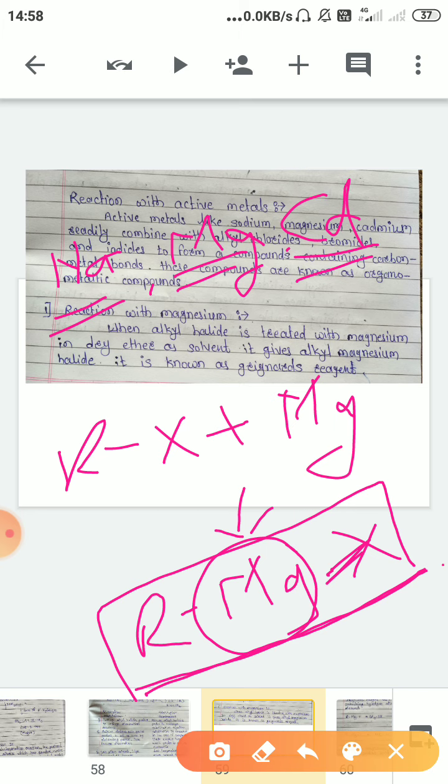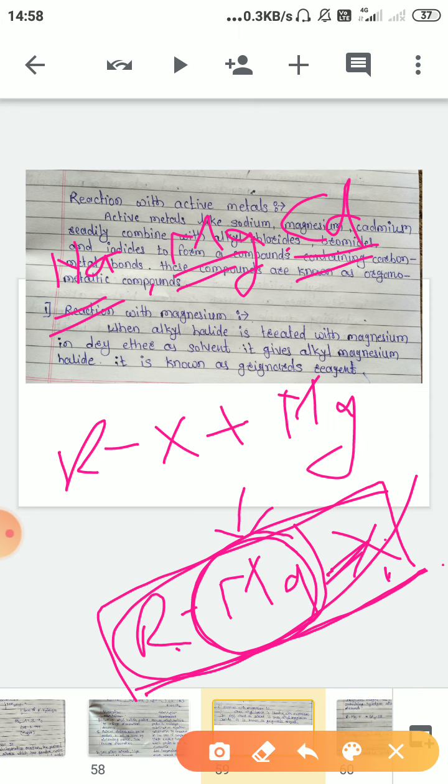Due to the polarity, insertion of the metal between the alkyl group and halogen atom takes place, and such compounds are called organometallic compounds. So this alkyl magnesium halide is an organometallic compound. We will see the reactions of alkyl halides with active metals.